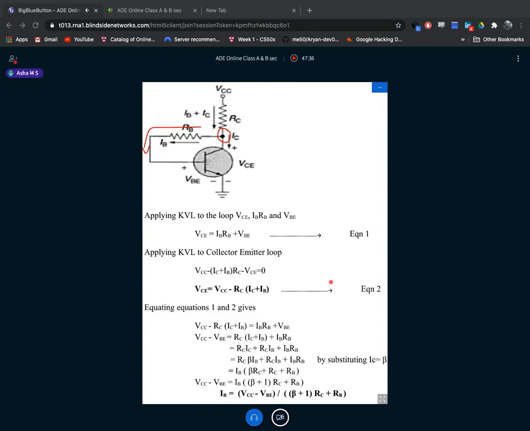To get equation 1, we have applied KVL to the loop of VCE, IB, RB and VBE. You can see this loop starting from VCE, IB, RB and VBE.